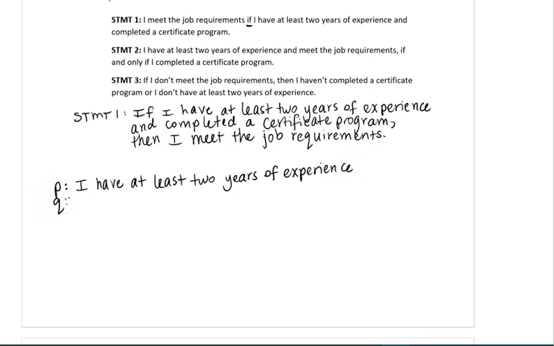I'm going to let Q stand for I completed a certificate program. And I will let R stand for I meet the job requirements.